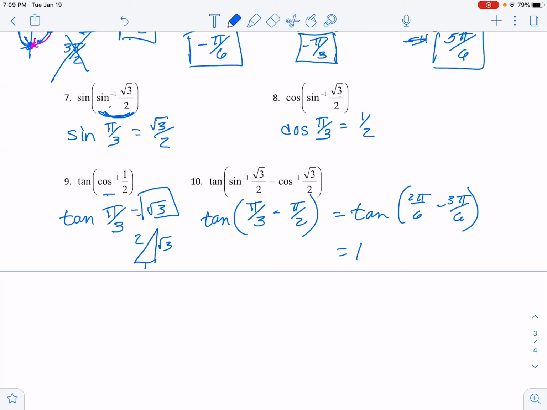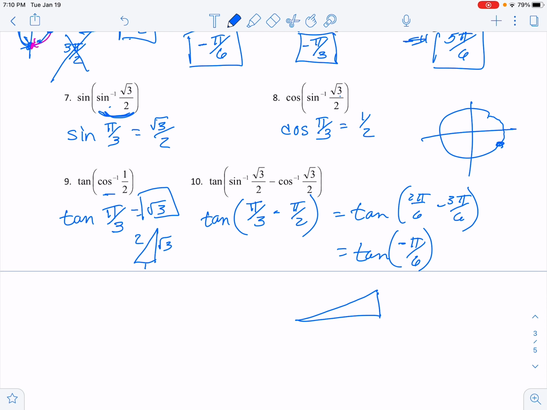So now I need the tangent of negative pi over 6. All right, negative pi over 6 is down here, 30 degrees. So 1, 2, root 3. So it's 1 over root 3, only it's negative, which is the same as negative root 3 over 3 when you clean it up.